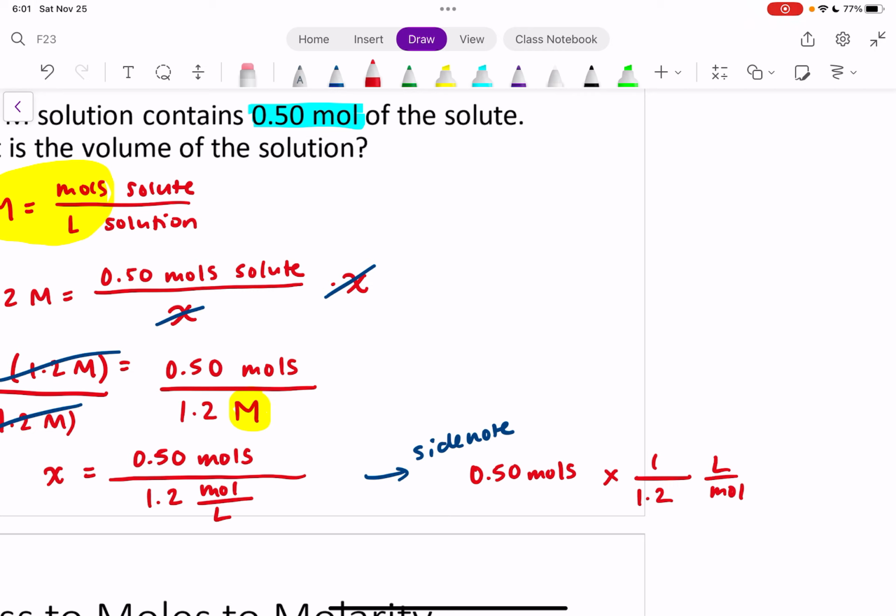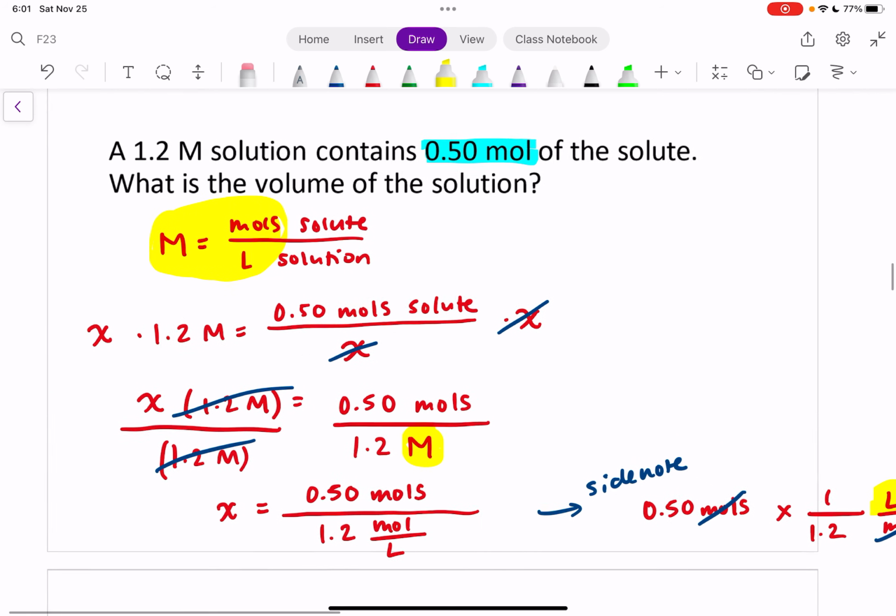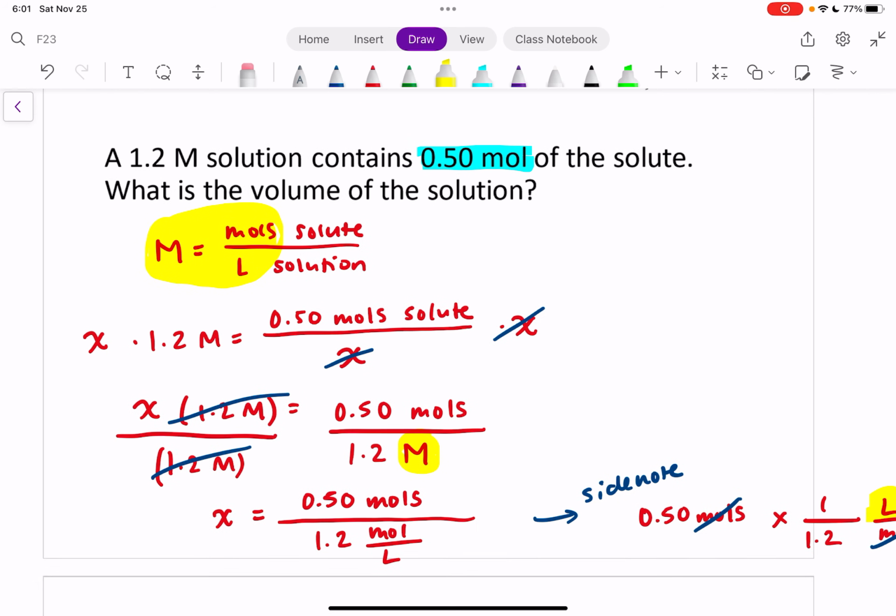Taking the reciprocal of this number here on the bottom. So what happens to those moles? They cancel out, and we're left with 0.50 divided by 1.2 liters. Or, in simpler terms, we're left with liters on the top, which is great because we wanted to end up with a unit of volume, and we will.